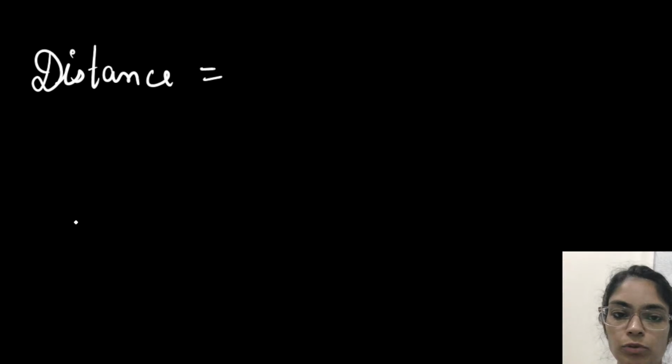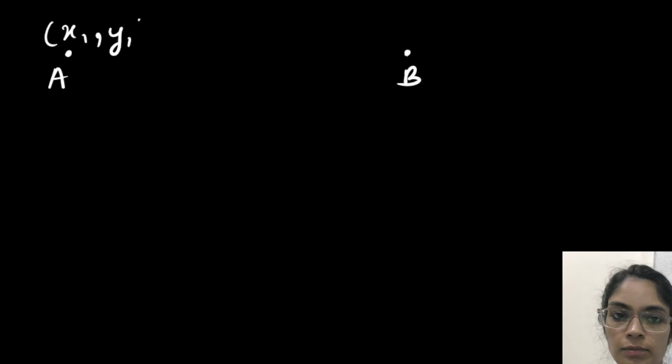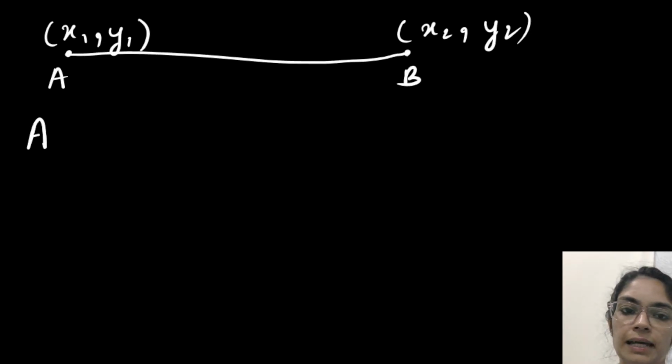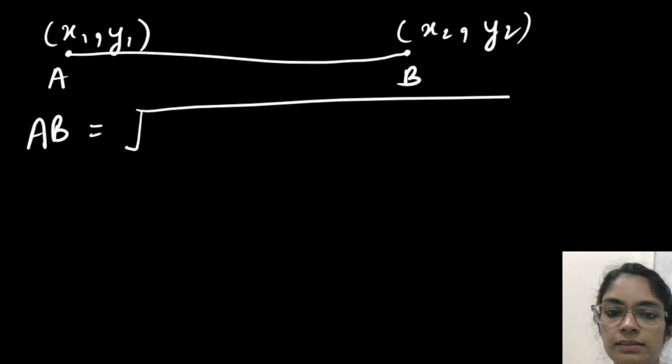If I have any 2 points, A and B, and their coordinates are x1, y1 and x2, y2, then when you have to find the distance between these 2 points, that means AB, we can find the distance by using the distance formula.